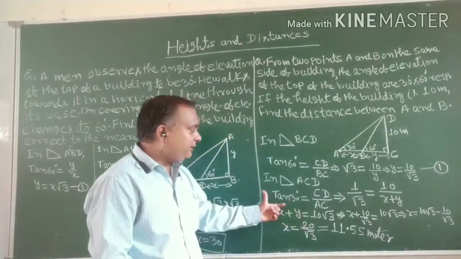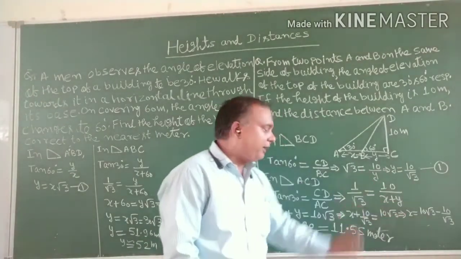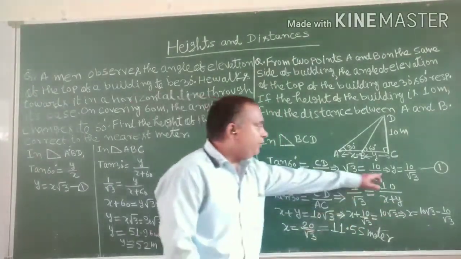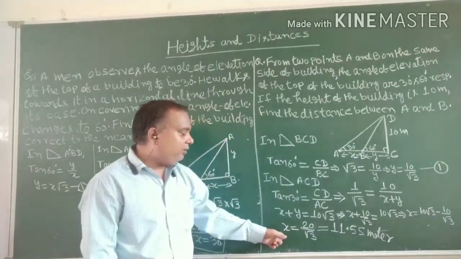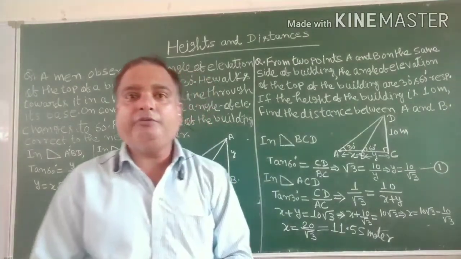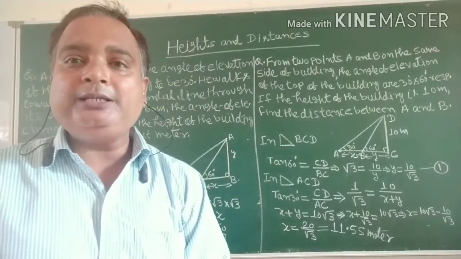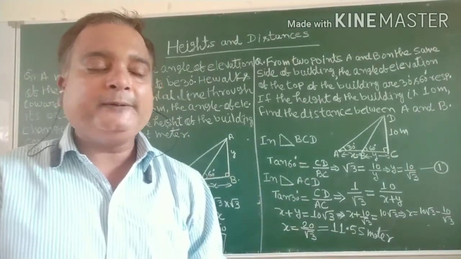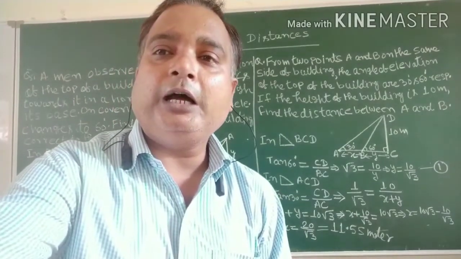The value of tan 30 is 1 by root 3, equal to 10 upon X plus Y. Now put the value of Y, that is 10 by root 3. So when we solve, the value of X is 20 by root 3, or when we put the value of root 3, the answer is 11.55, meaning the distance between point A and B is 11.55 meter. Now next question.